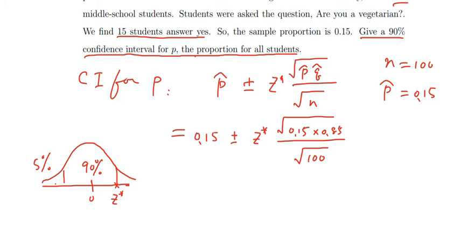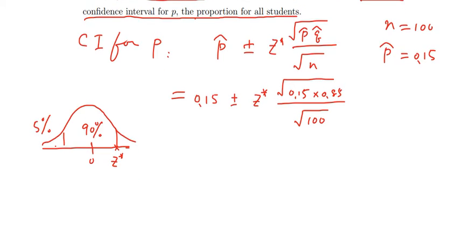So we need to check 0.95, right? We can check what this number is, a cut point from the table.